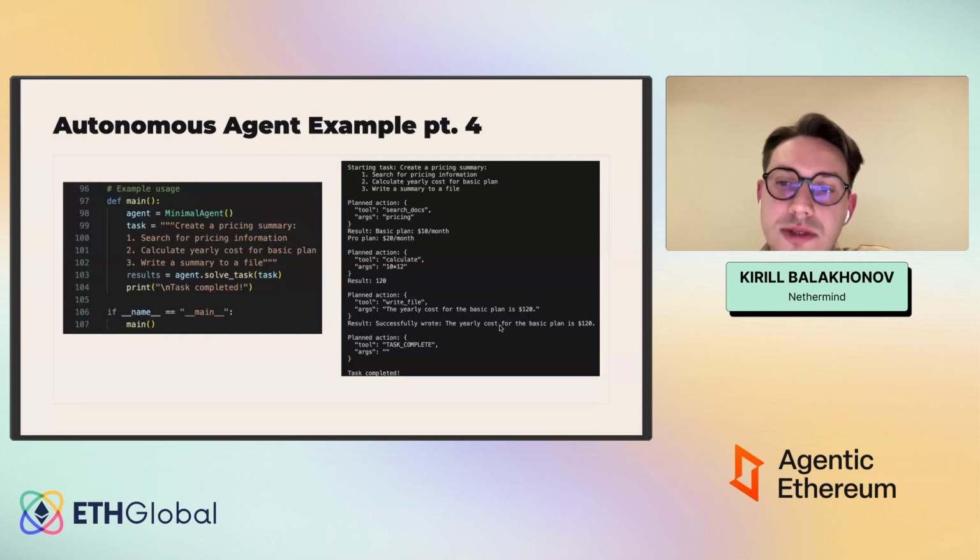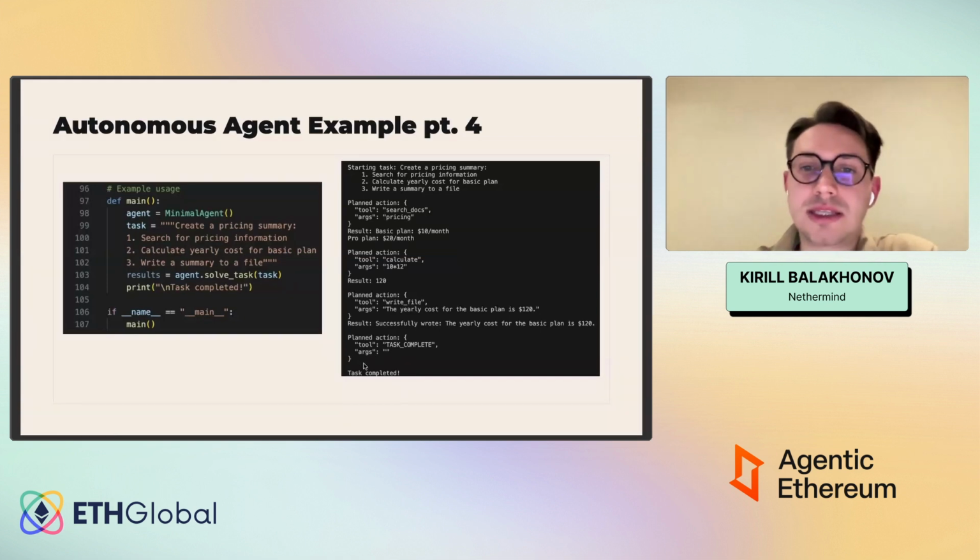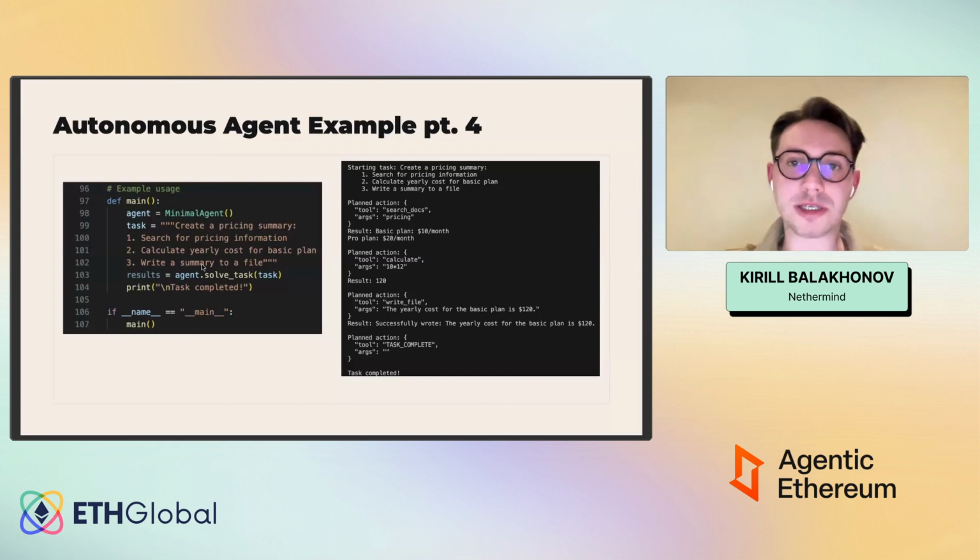The result was successfully wrote, and then for the next action, it chose task complete without arguments, and we have task complete. So this is how this minimal agent handled the arbitrary set of instructions.